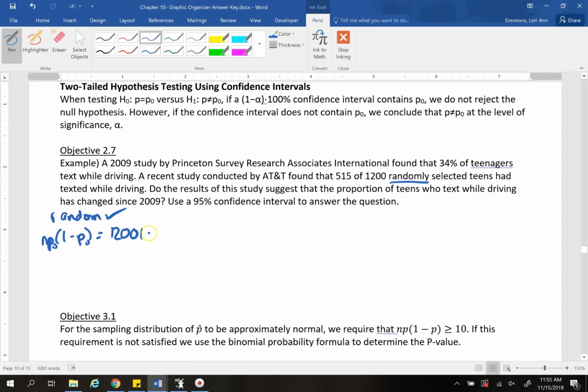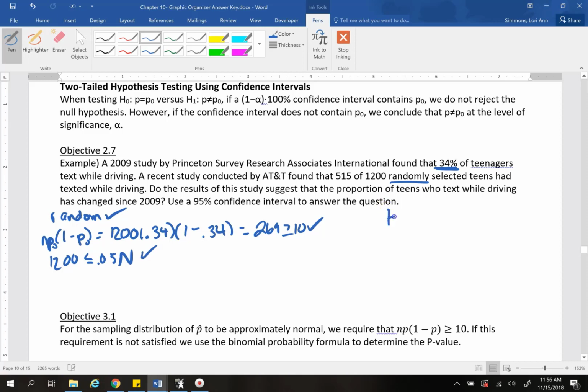What is our p sub 0? 0.34. Multiply that through, you get about 269. That's greater than 10. So that's good. And then is 1,200 less than or equal to 5% of teenagers who text while driving? Yes, there's definitely more than that.